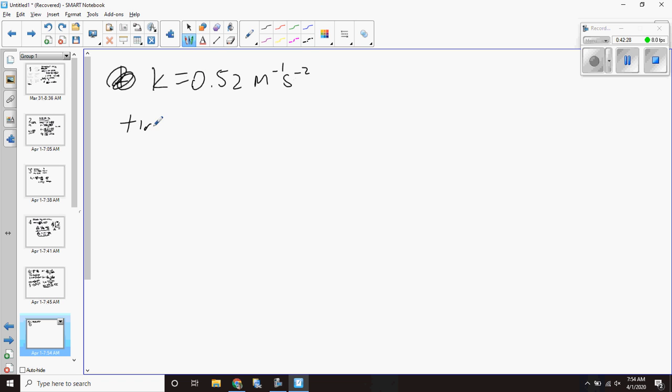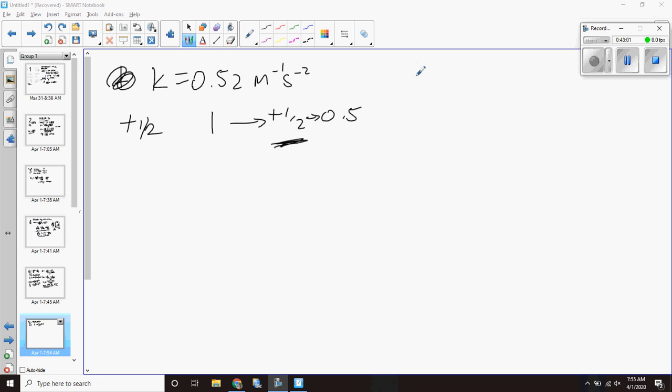So T1 half. Let's assume exactly the same thing we had before. Let's assume we start with a molarity of 1, and after 1 half-life, we drop to a molarity of 0.5, right? The concentration drops by a half. We want to find what this time is. So take your second order equation and rearrange it to solve for time.